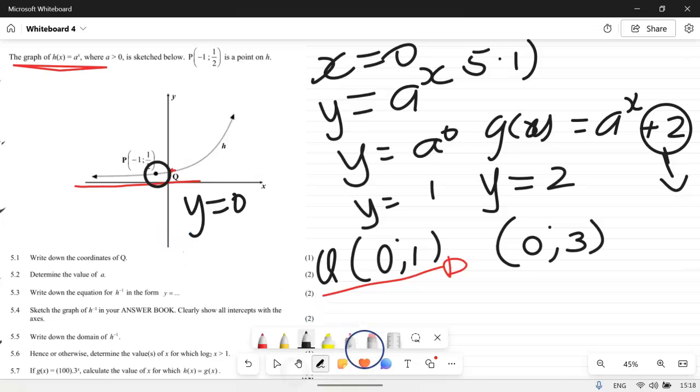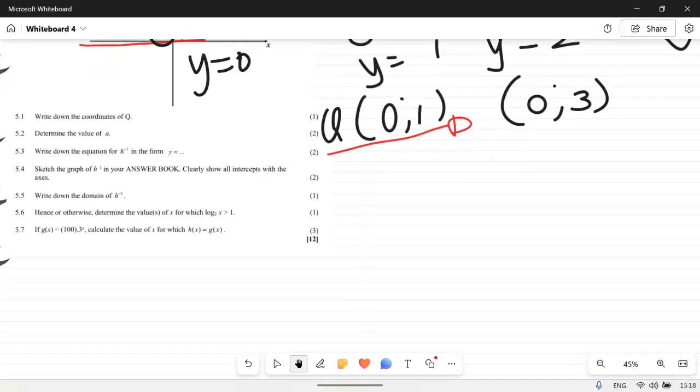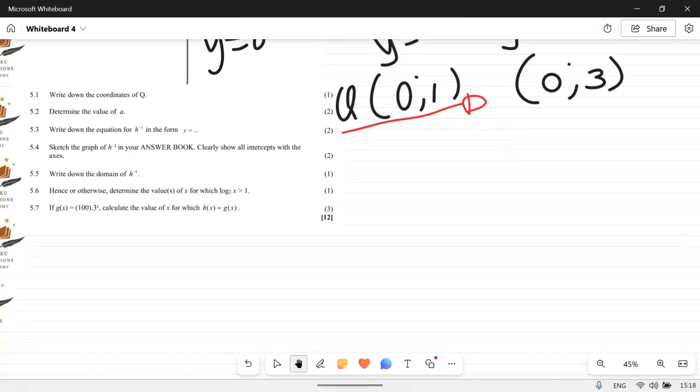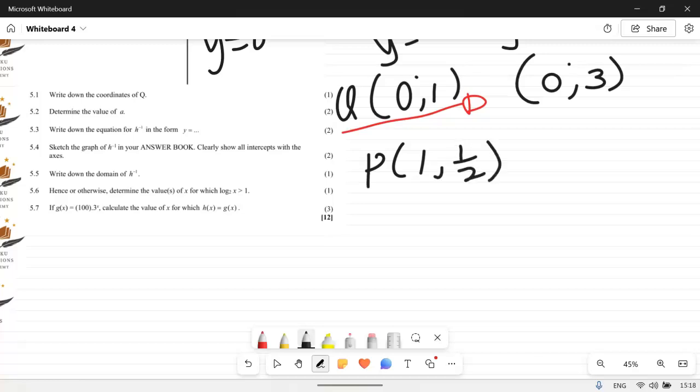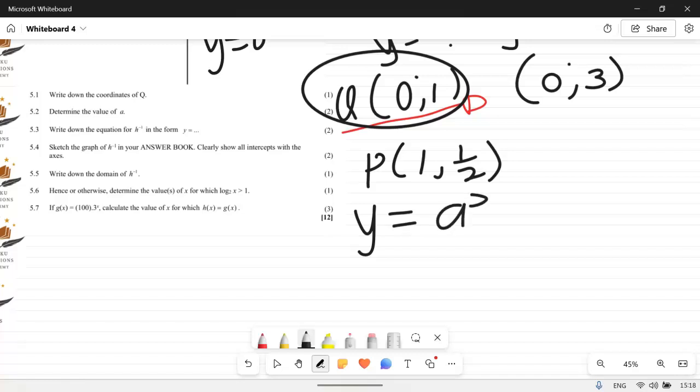Then we can quickly move to determining the value of a, which is 5.2. Let me just move it down a bit. Remember point P was 1 and 1 over 2, so we use that point. I'll also show you why I am not going to use this other point for now, because it's also a point on h of x. So we had y equals a to the power of x.